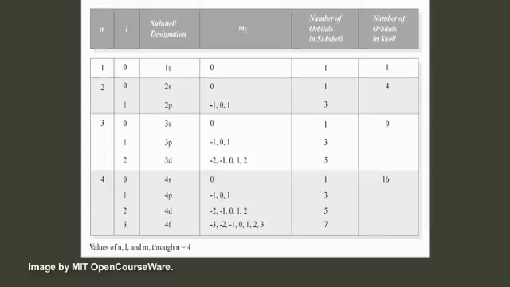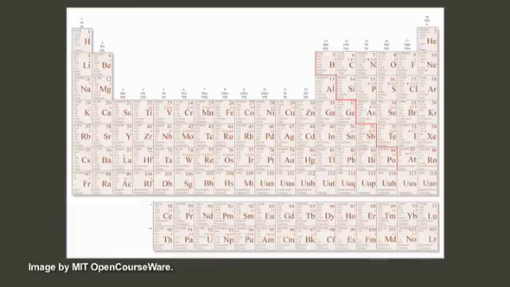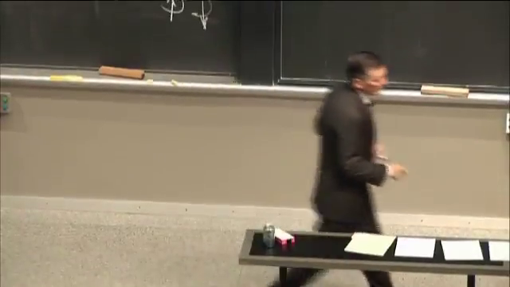So what I'm pointing out here is that there's a disconnect between the populating of electrons just in ascending quantum number and the way the elements are arranged in the periodic table. There's some other factor at work here. So we want to take a look at what that could possibly be.